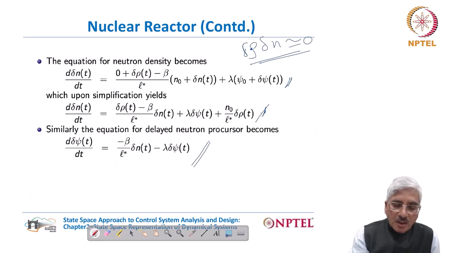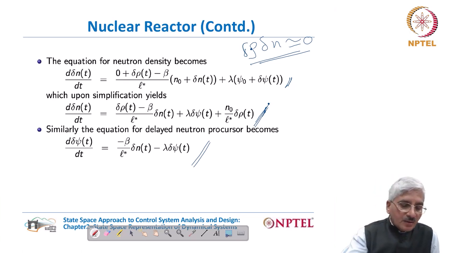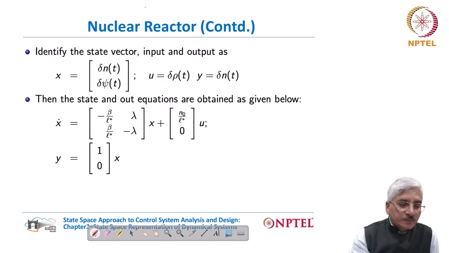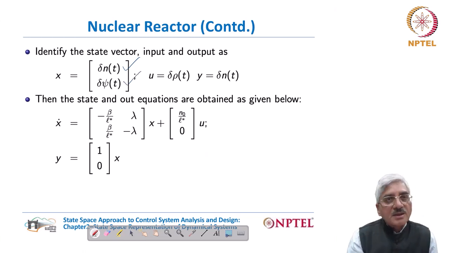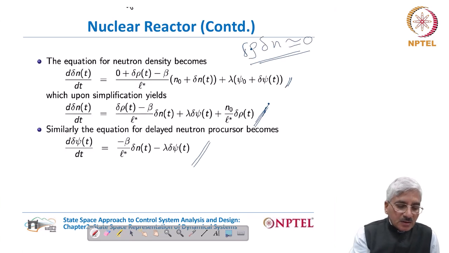So these two are the respective linearized equations for the nuclear reactor, and we can identify the states as delta n, the neutron density, and delta psi, the incremental change in delayed neutron precursor concentration. The input we identify as the change in reactivity and the output as neutron density. Then with the help of these equations, we can easily write the matrices A, B, C and D.